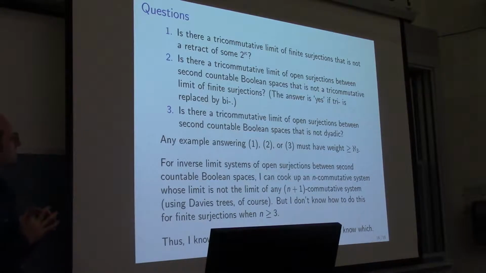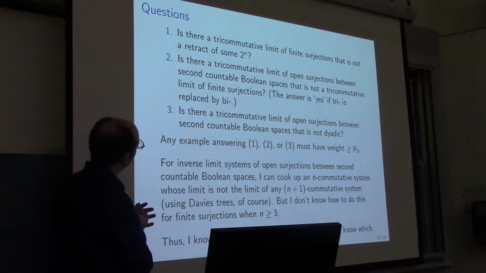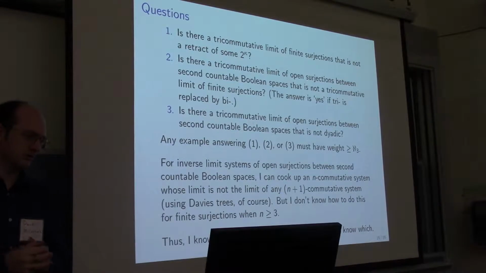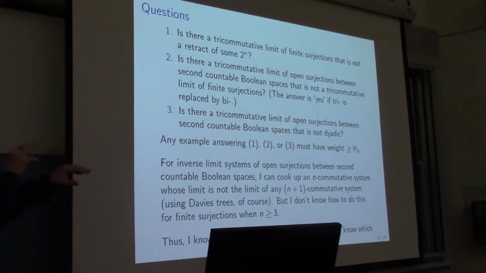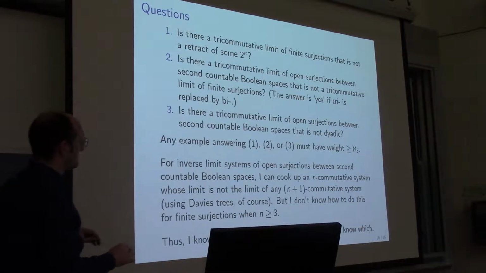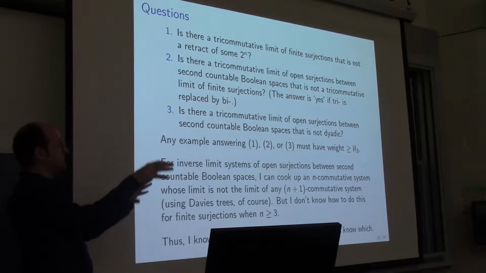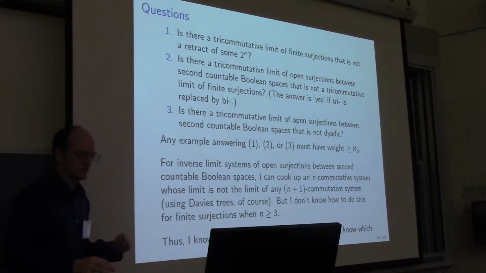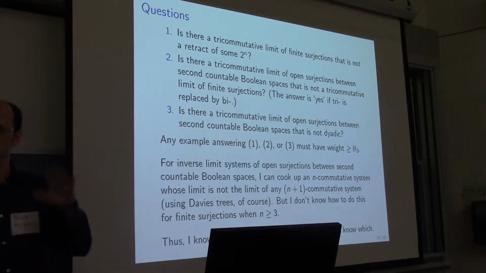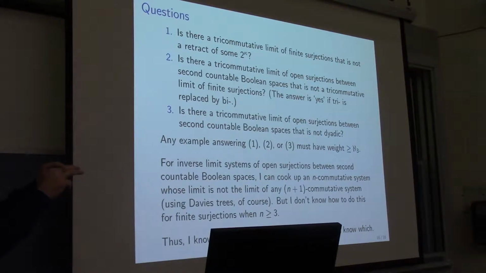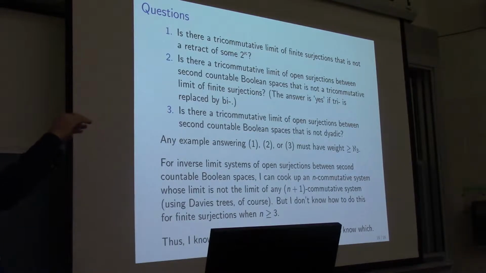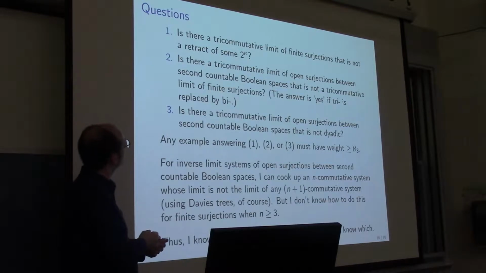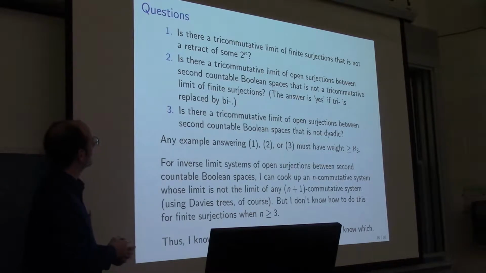But if we're talking about just finite surjections, I haven't been able to actually show that there's a difference between equaling some limit of tricommutative cubes of finite surjections and equaling some limit of finite surjections with 4 commutative 4 cubes. So I'd like to know about that.